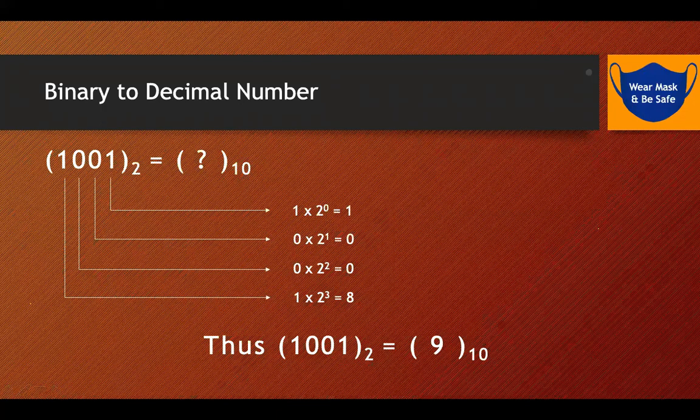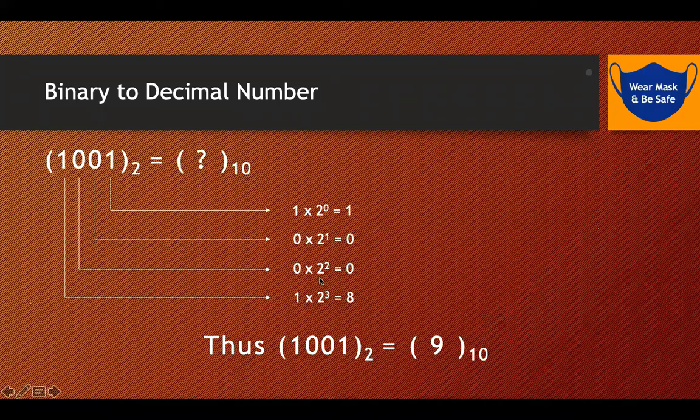So 1 we have taken. Now here the power of 2 is 1, that means 2. When we multiply it with 0, we get the number 0. 2 zeros are 0. So here we have written 0.